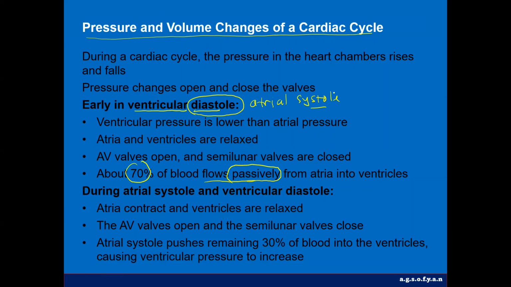After that, there will be contraction of the atrium that will empty the atrium and press all the blood into the ventricle. So this atrial systole will push the rest, like 30% of blood, from the atrium into the ventricle.